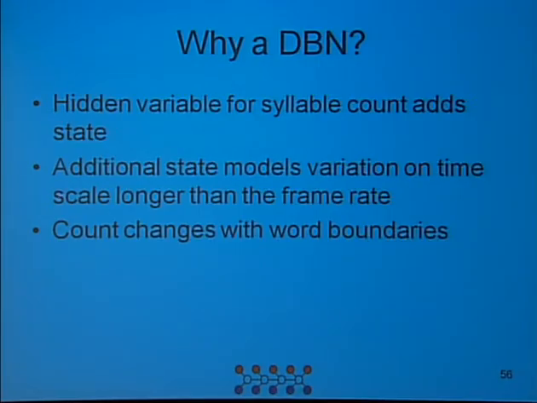So it's modeling the number of counts across the time scale of a syllable. And the count changes with word boundaries, and it can be an exact word boundary according to the hypothesis, whereas something that's smoothed over detections would smear that detection across the word boundary.